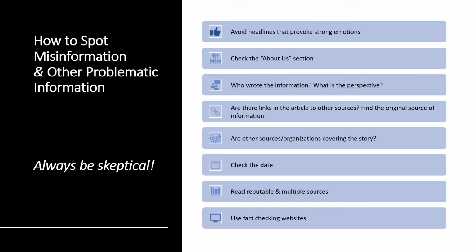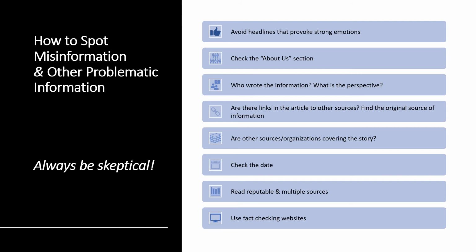Most news sources, for example, are going to embed links in the article to their sources. If there are links, make sure you click on those. Try to find the original source of information. Is the way that it's being reported in line with the way the original source presented the information? Are other sources or other organizations covering the story? In today's media environment, a story does not exist in isolation for very long.